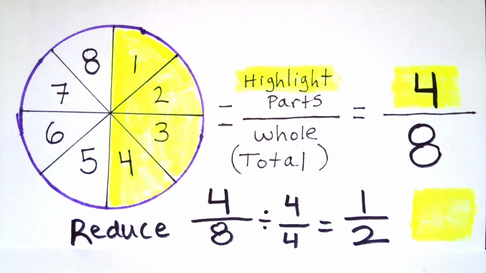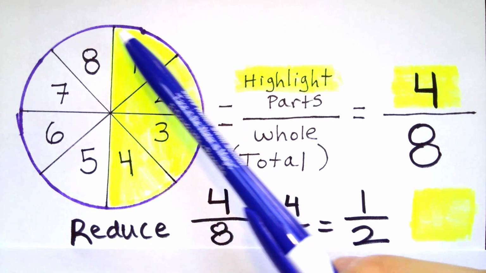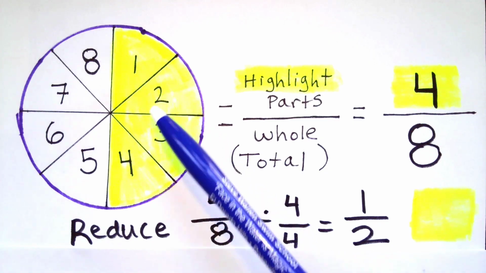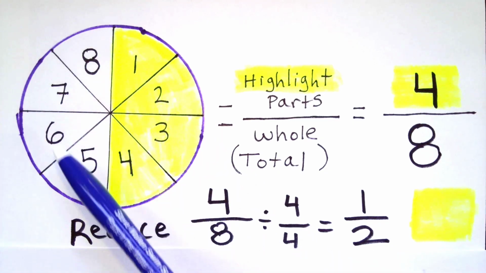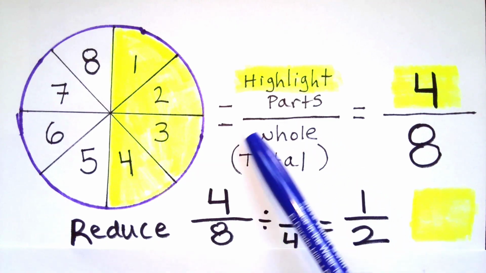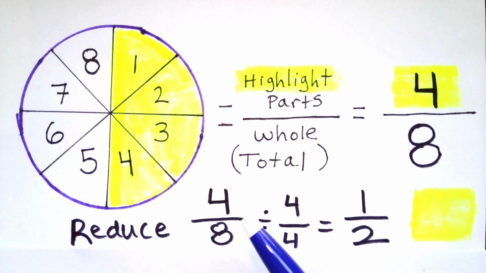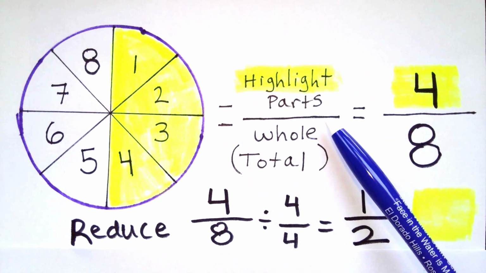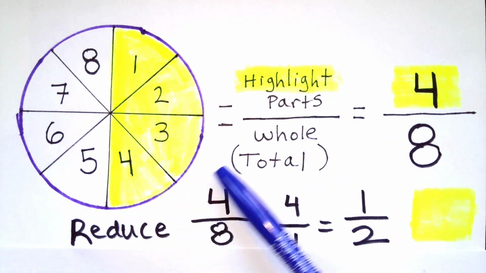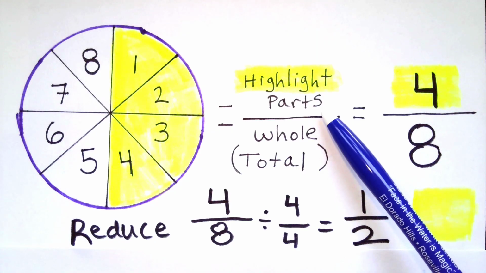Okay, so I wanted to compare that first visual fraction with another fraction. You see this circle is separated into 1, 2, 3, 4, 5, 6, 7, 8 total or whole parts, right? 4 of those pieces are highlighted.